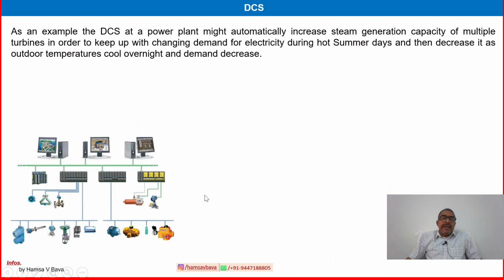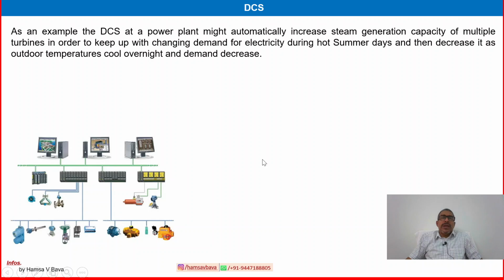As an example, the DCS at a power plant might automatically increase steam generation capacity of multiple turbines in order to keep up with changing demand for electricity on hot summer days, and then decrease it as outdoor temperatures cool overnight and demand decreases. A simple example: the DCS is increasing the production in the steam turbine in summer time and reducing it in winter time.